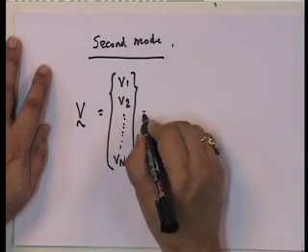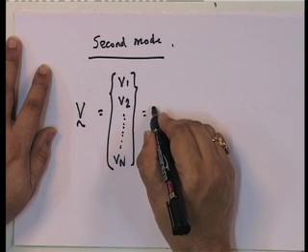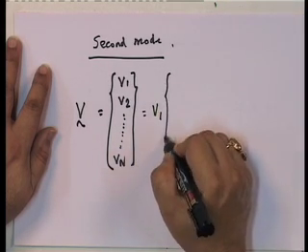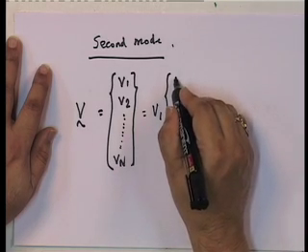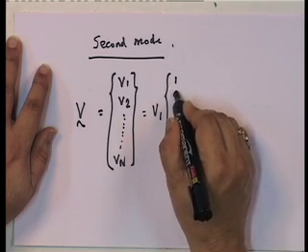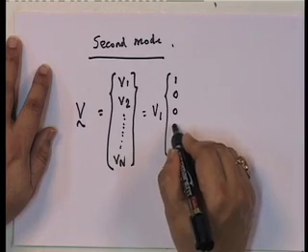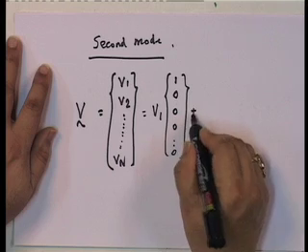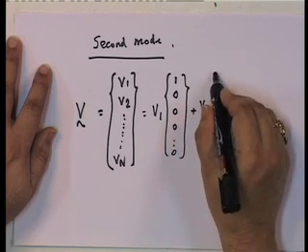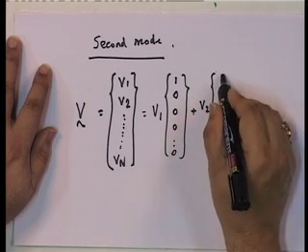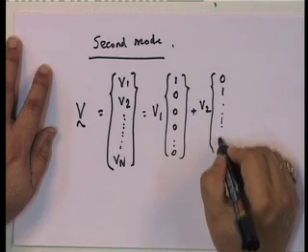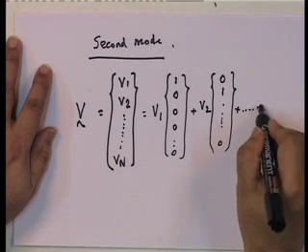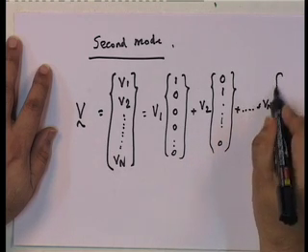So, now this is equal to, I can say, V 1 plus V 2 plus V n.